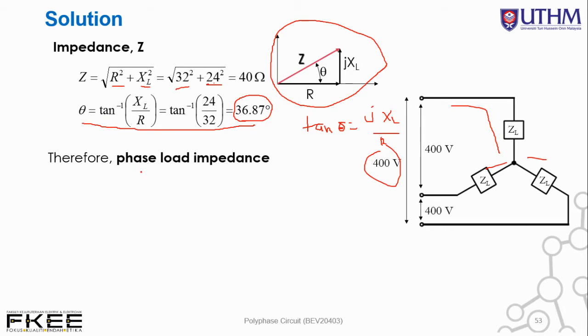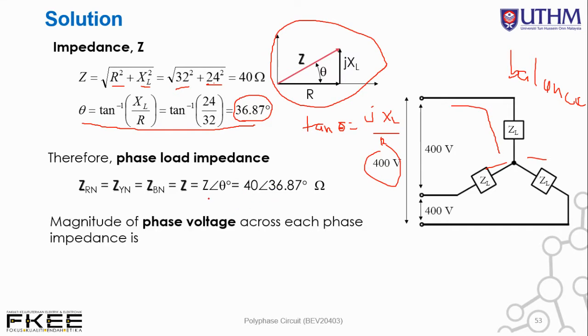So following the phase load impedance, ZRN is equal to ZYN because of the balanced system. So this is equal to Z with angle theta, so 40 as the substitution, 36.87 for the angle.